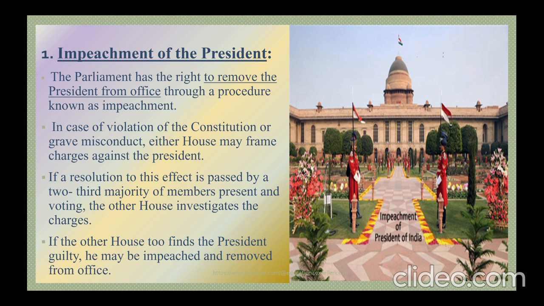If a resolution to this effect is passed by a two-third majority of members present and voting, the other house investigates the charges. If the other house too finds the president is guilty, he may be impeached and removed from the office.